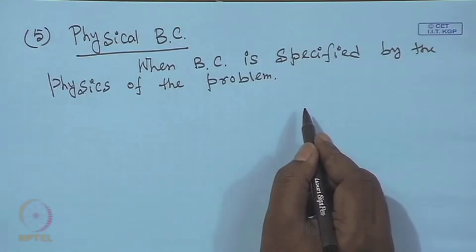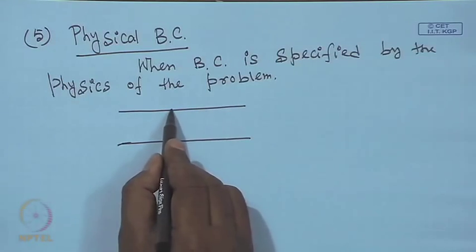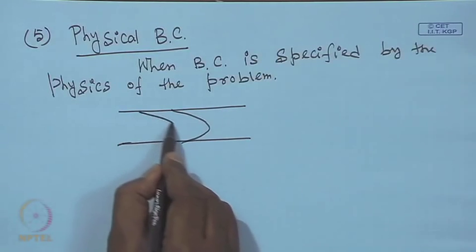Apparently, the other boundary conditions are not specified. So, in that case, we specify that boundary condition which will automatically evolve out of the physics of the problem. For example, when you are talking about a temperature profile or a velocity profile inside a channel.